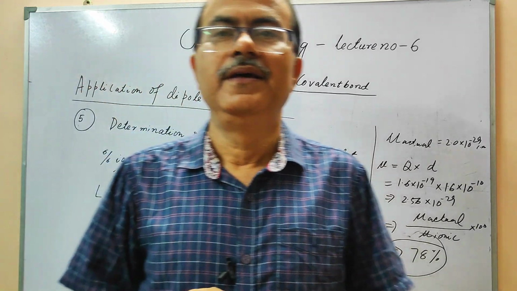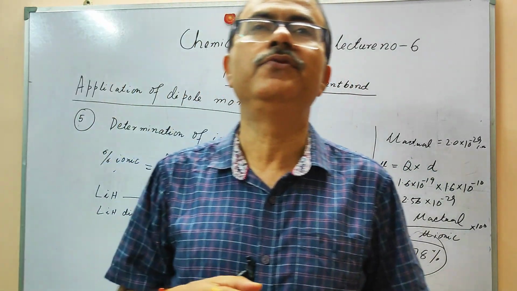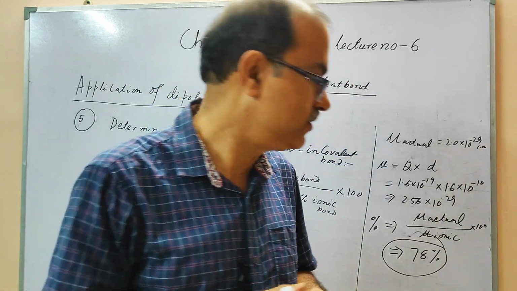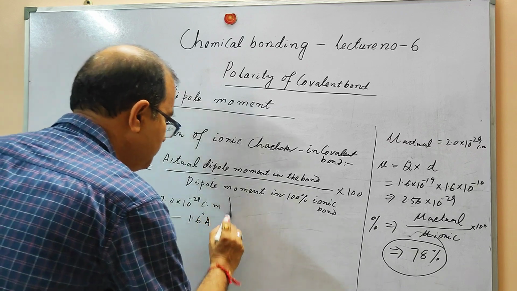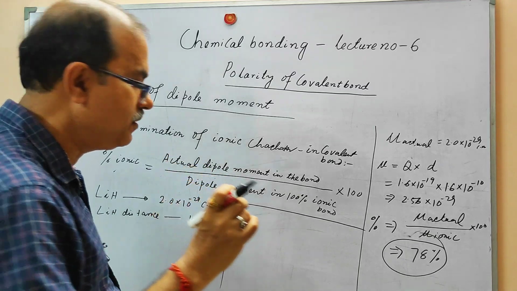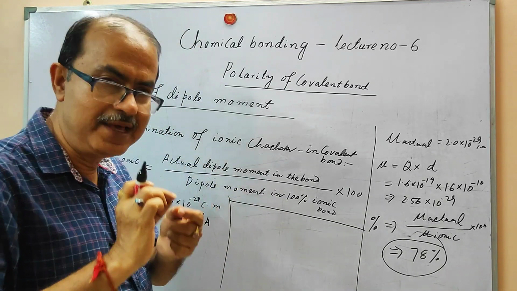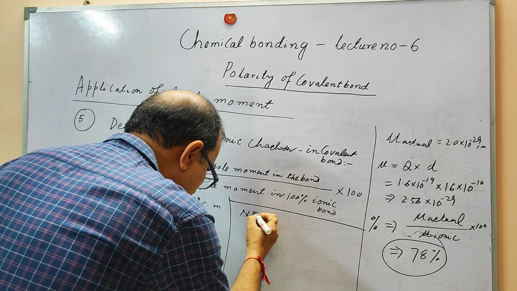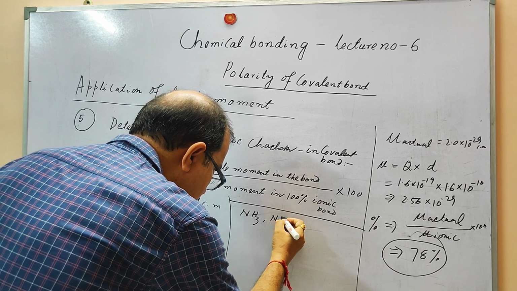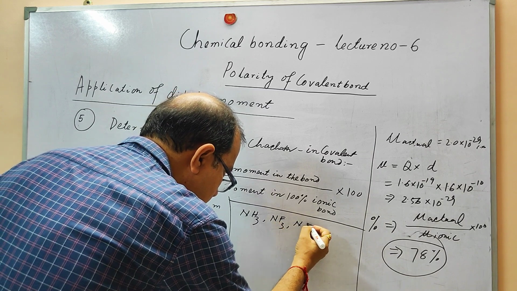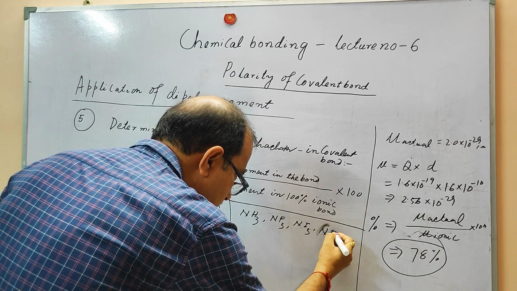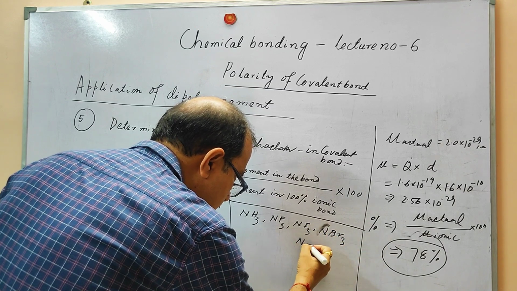In this way you can also determine the different dipole moments of molecules. As an example, in a question it may be told: arrange these molecules in increasing order of dipole moment: NH3, NF3, NI3, NBr3, NCl3.